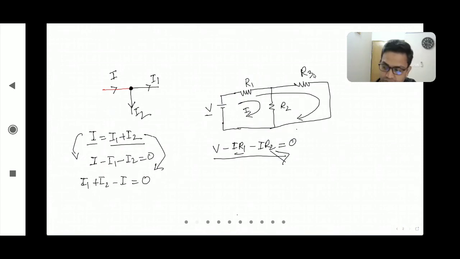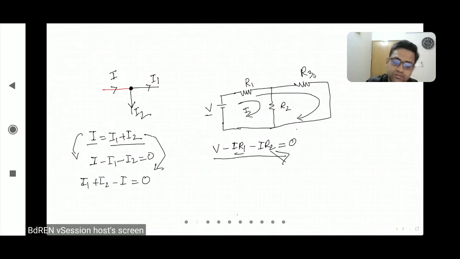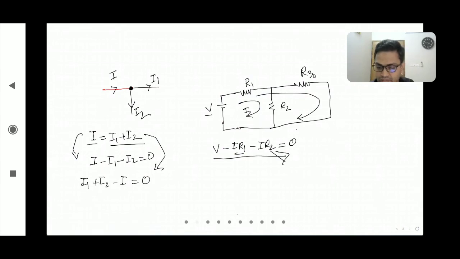What will be the second equation by using Kirchhoff's law? No one? Try. Come on. Anyone?